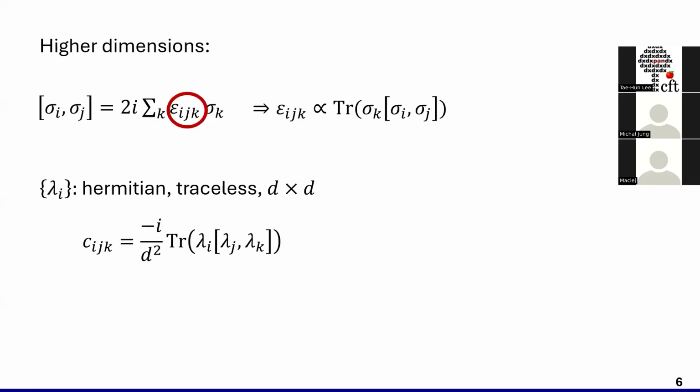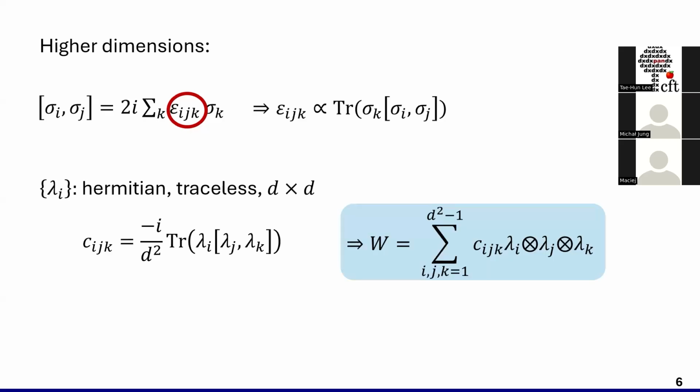Then we can write our structure constant in higher dimension, which is given by minus i over d squared times the trace of lambda i and the commutator of lambda j and lambda k.